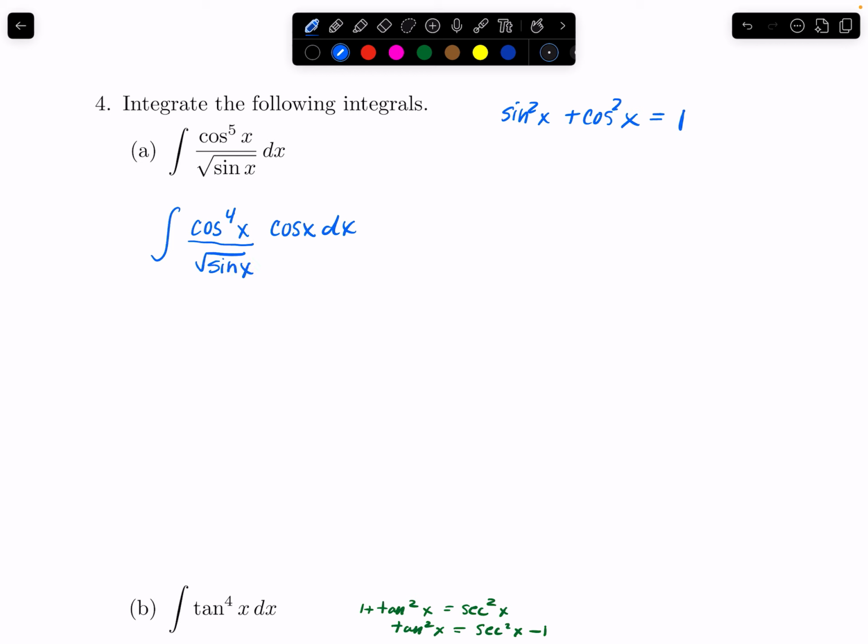Now I'm also using, so if I replace, so cosine squared x is equal to 1 minus sine squared, which means cosine to the 4th is 1 minus sine squared x squared. And then we still have our square root of sine x down here on the bottom and cosine x dx.